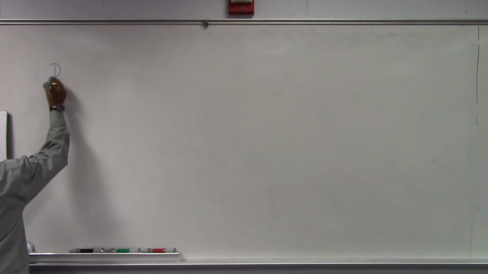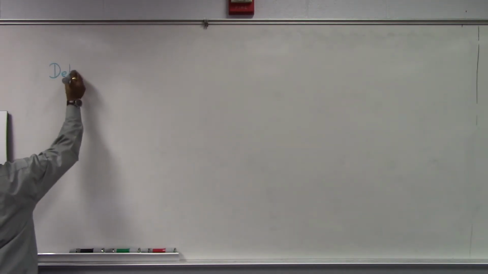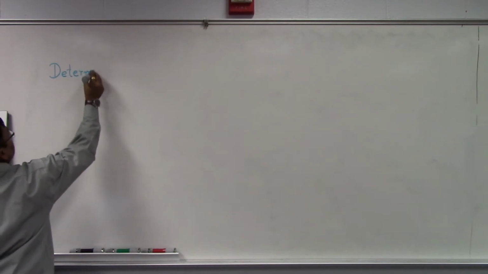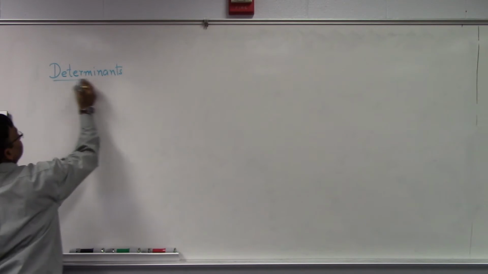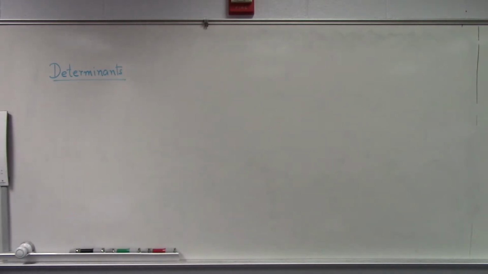So the next topic is that of determinants. And what determinants do for us is something very, very counterintuitive. Determinant is actually just a number associated with a matrix. And that number can tell you quite a few things about the matrix that it is associated with.